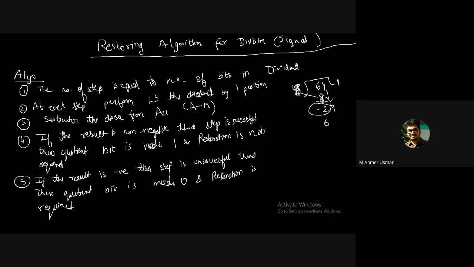How will restoration happen? How do we get 6 back from -2? What will you add to -2 so that you get 6? You need to add 8, this 8 again.